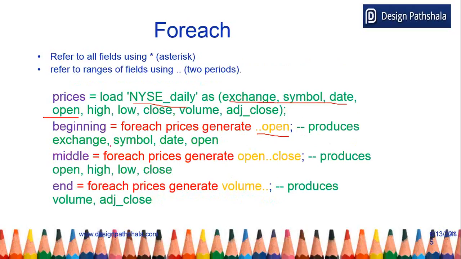Open..close will have all the columns between these two columns, and volume.. will have all the columns after volume including volume. So these are some shortcuts to write this FOREACH. If my file has 100 columns and I have not even defined the schema, I can just say $15..$20. So this will just load these 5 columns and so on.